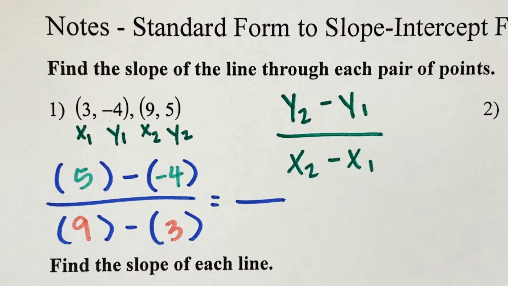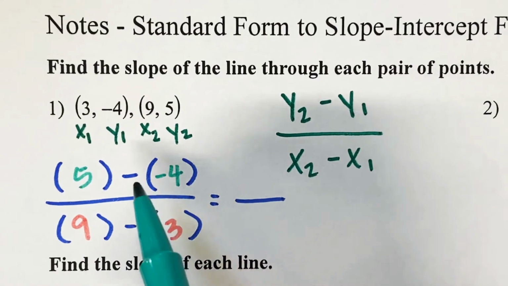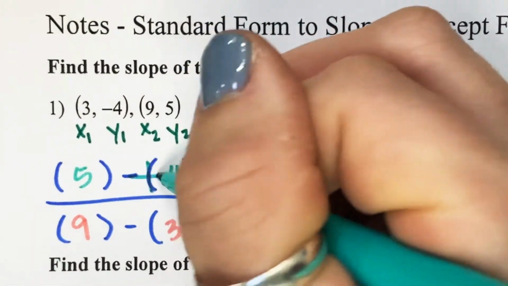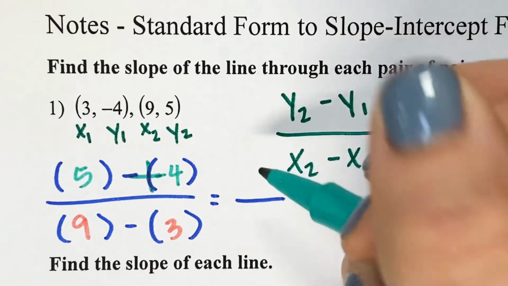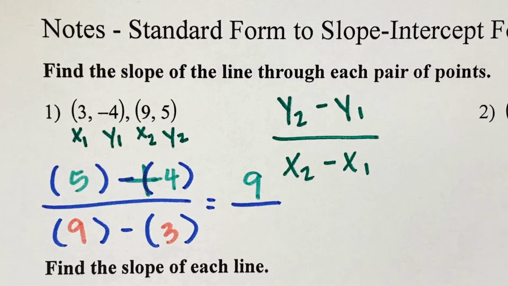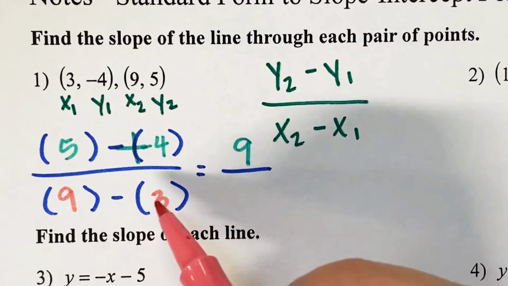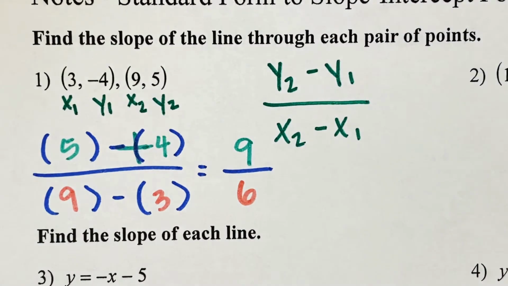Let's solve. We have 5 minus a -4 on top. What happens to this double negative? It turns into an addition, so now we have 5 plus 4 on top, which gives me 9. On bottom we have 9 minus 3, which is just 6.